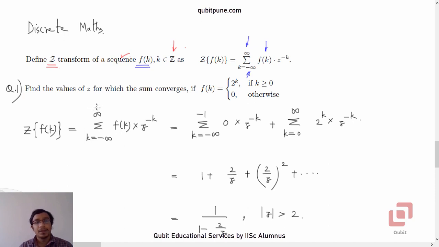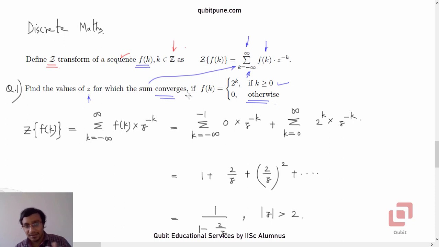Question 1, find the values of z for which the sum converges, if f of k is given by the sequence f of k is equal to 2 to the power k if k is any non-negative integer, and f of k is equal to 0 otherwise.